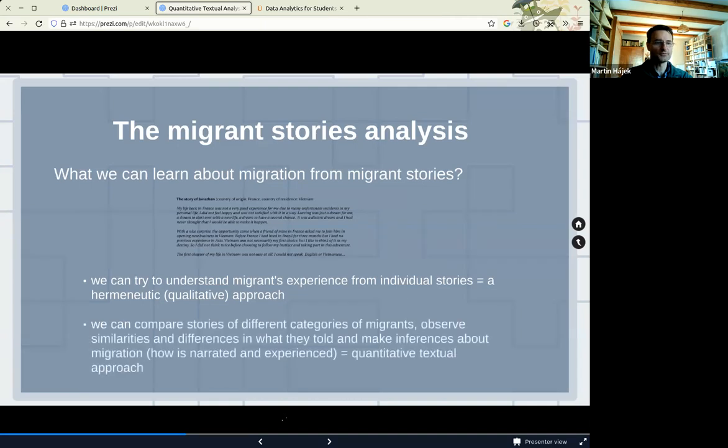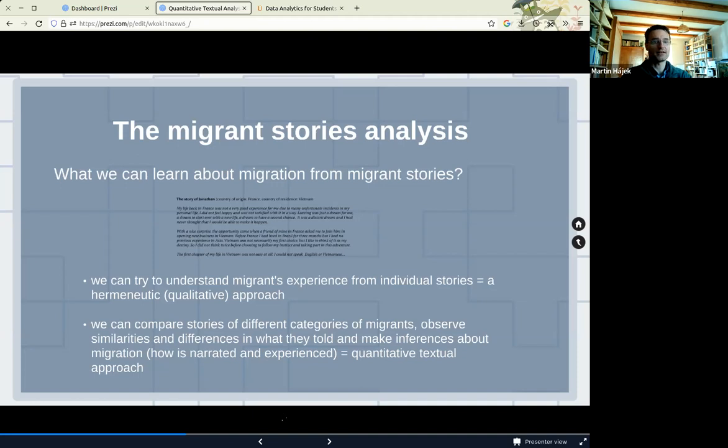The second approach is that we can compare stories of different categories of migrants and observe similarities and differences between them in the sense of textual qualities. Based on this comparison, we can make inferences about migration in the sense of how migration is narrated, what is told in one group of stories and what is not told in another group of stories, or how it is experienced.